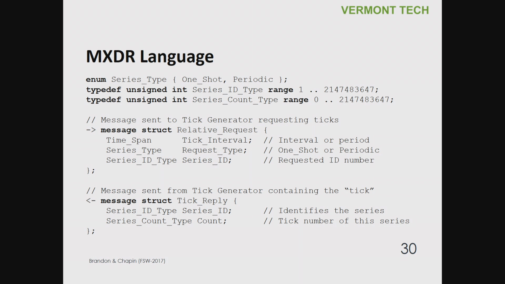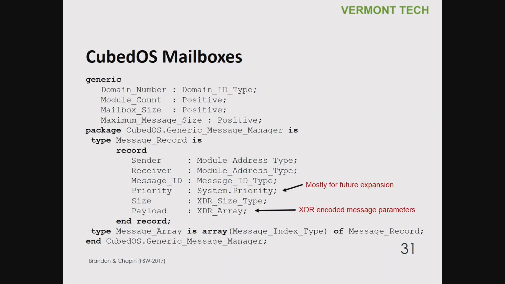And this is just a sample of the language that we're using, which we're calling MXDR, so it's modified XDR, that declares the messages and their parameters. The tool will take this fairly abbreviated description of the messages and output the encoding and decoding procedures in provable Spark. At least when it's finished, it will. That's when he gets his thesis. So that's what's going on with that.